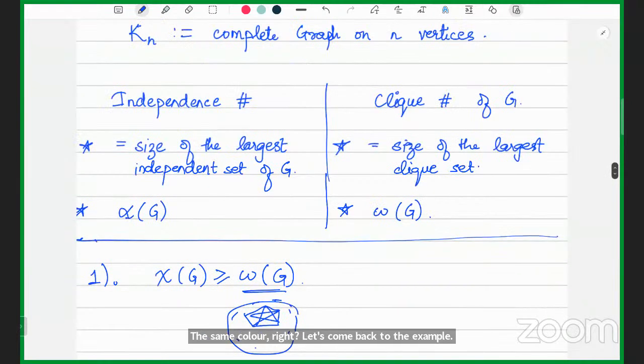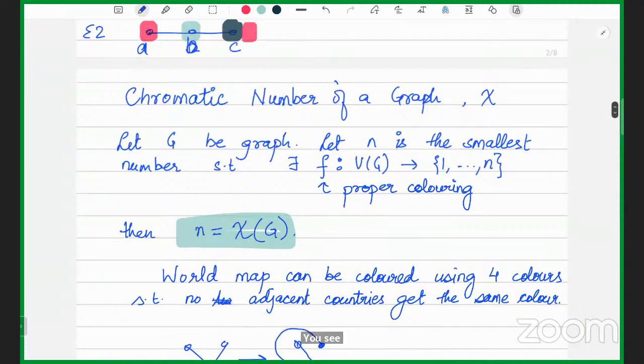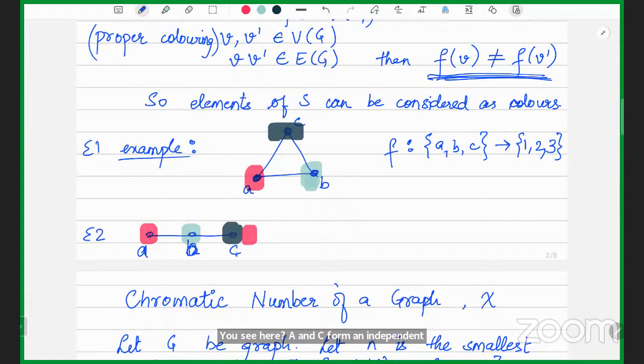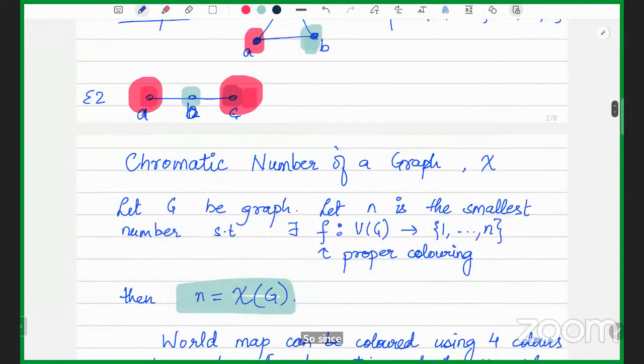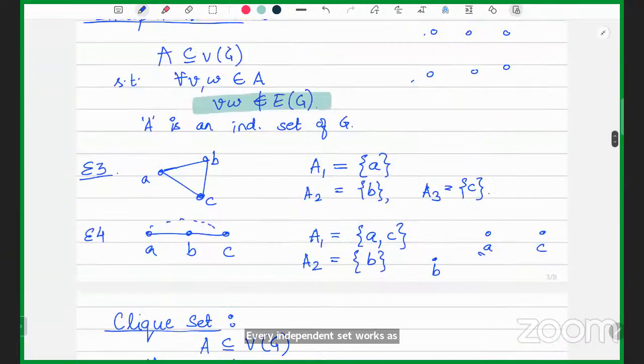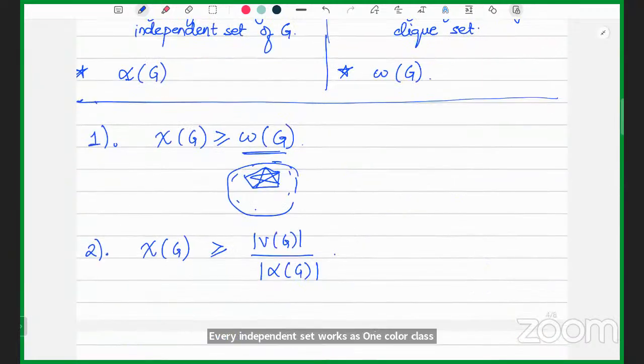You see here, A and C form an independent set. And therefore, A and C could be given the same color red. This one red as well as this one red, because they together form an independent set. So, since every independent set works as one color class, your chromatic number has to be at least this much.